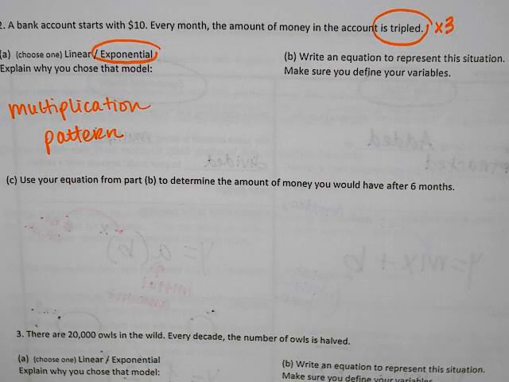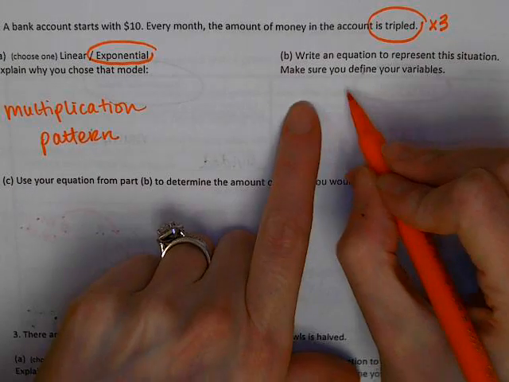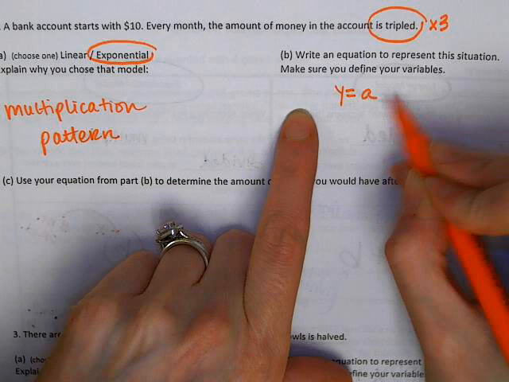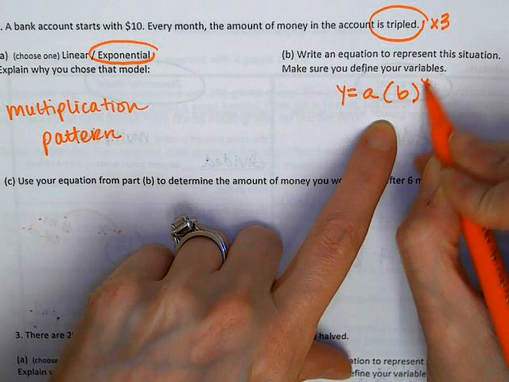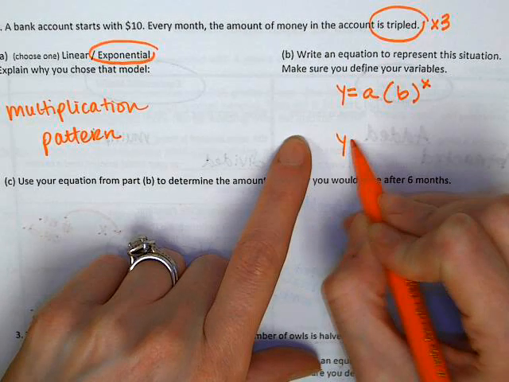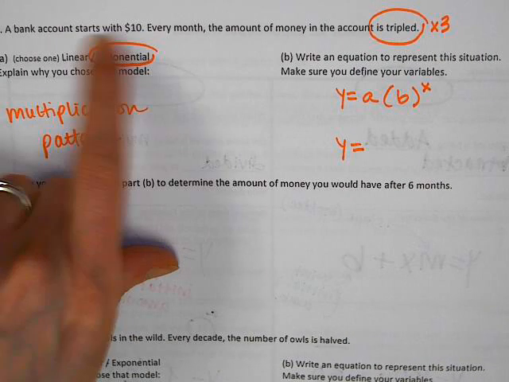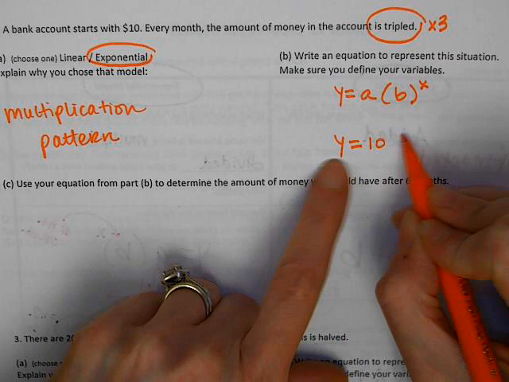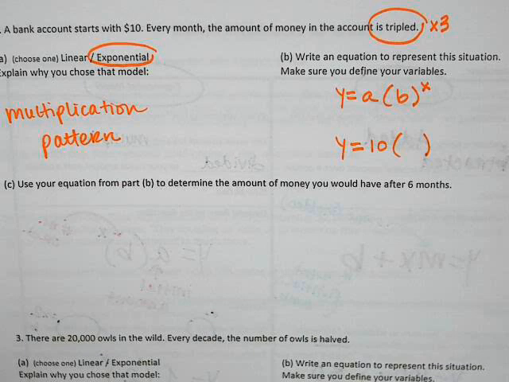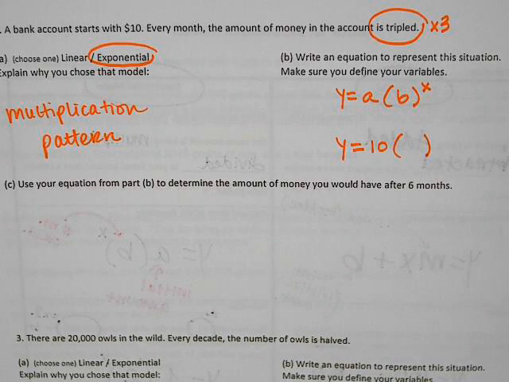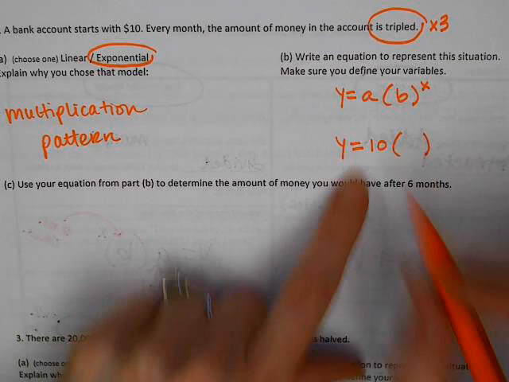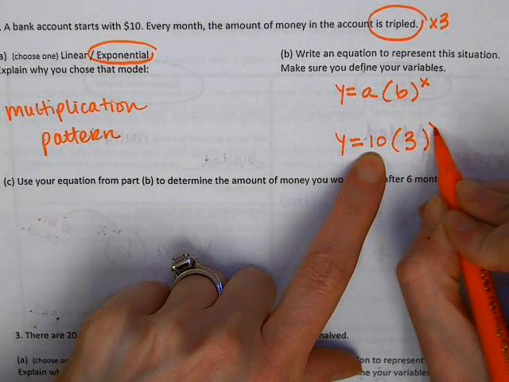All right, let's write the model. Remember, the general form is a times b to the x power. So let's see what a is. A is the starting amount, starting with 10. B is the multiplication or division factor. So tripled means 3, and then to the x power.